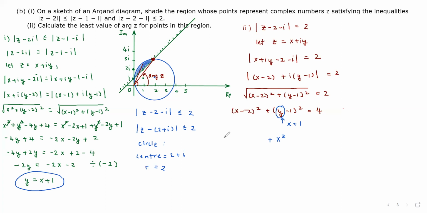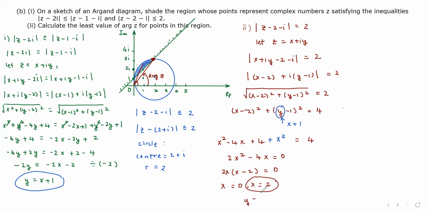Then expanding the square of x minus 2, we have x squared minus 4x plus 4 equals 4. So 2x squared minus 4x equals 0. We can factor 2x, and we have 2x(x - 2) = 0. So x is either 0 or x equals 2. From the diagram, clearly x is 2.